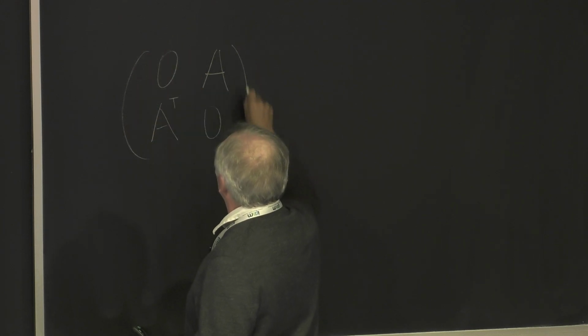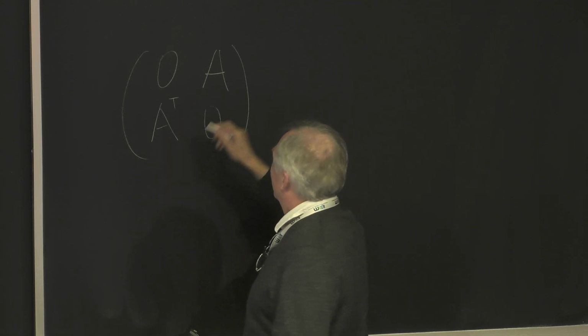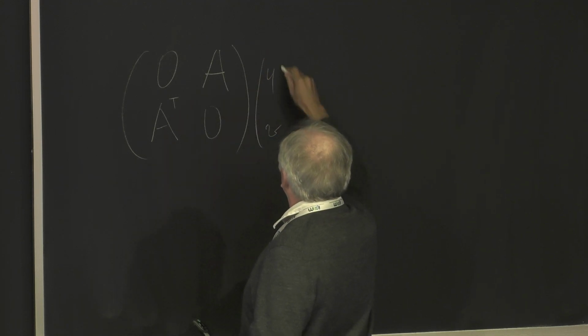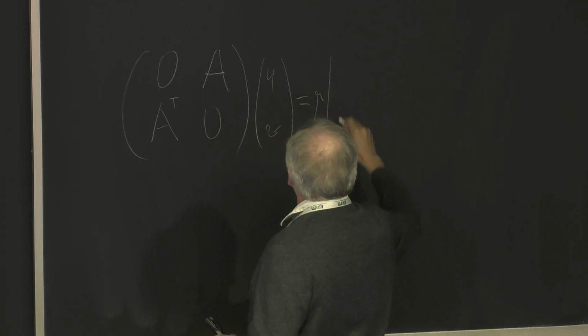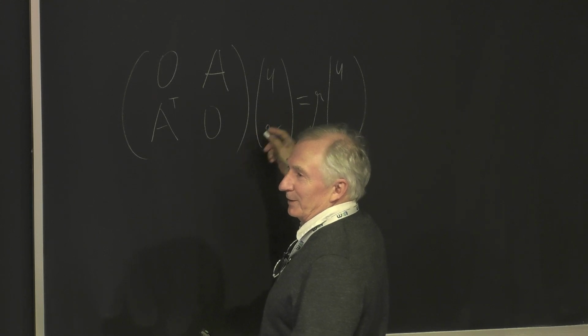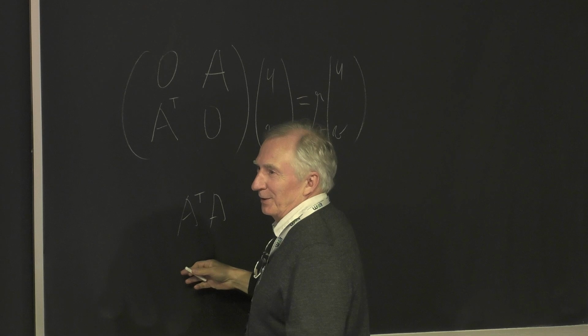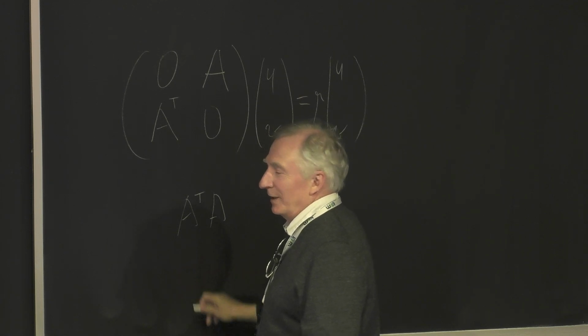You can create this kind of a matrix. It's symmetric. You expand this, you write what it means, and you will get the standard A transpose A, the standard definition which is given in textbooks.